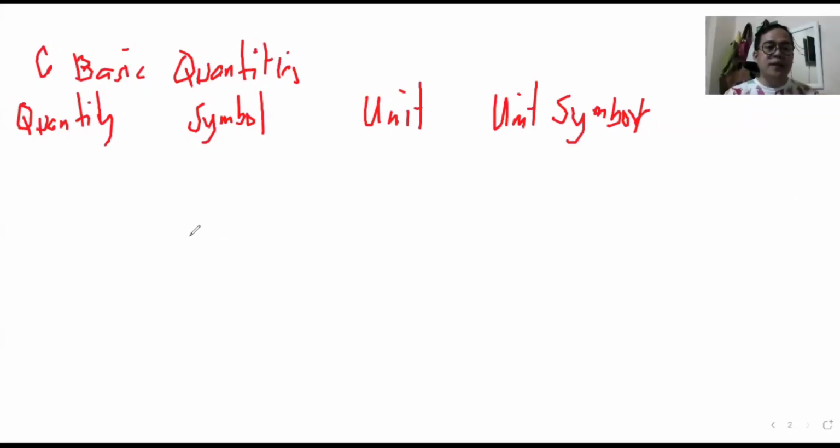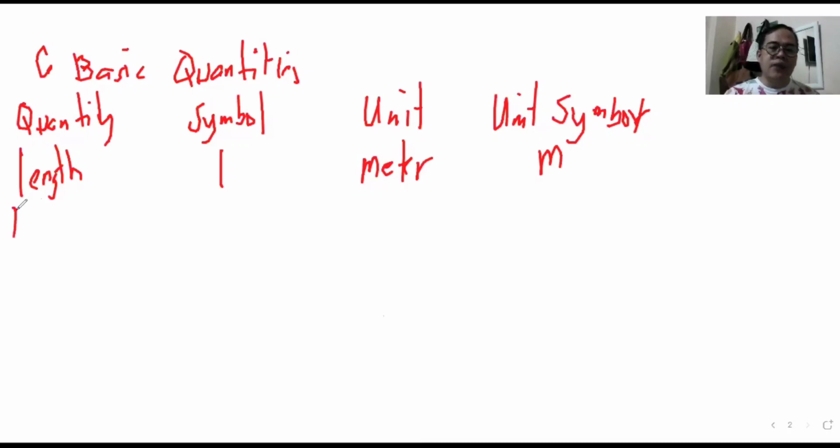The first basic quantity is length. The symbol for length is small letter l. And the standard unit here in the Philippines, of course, is the meter, and the unit symbol is small letter m.